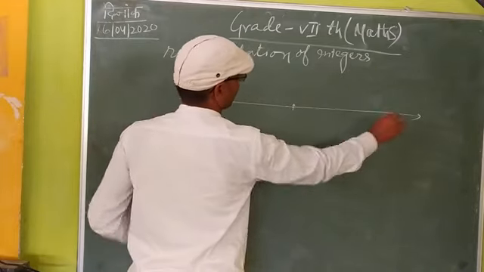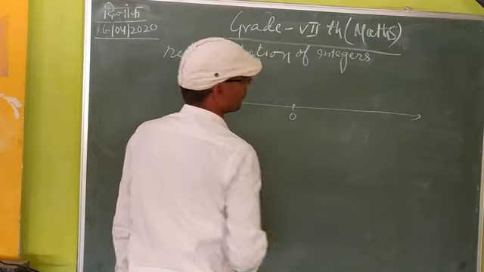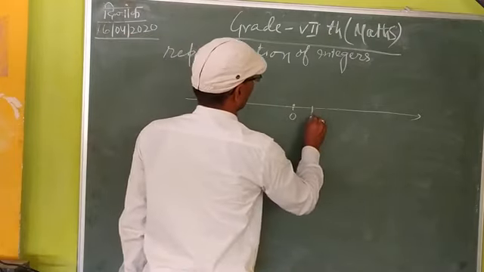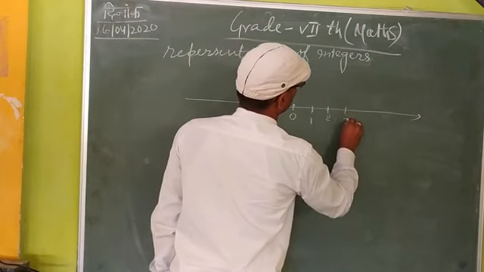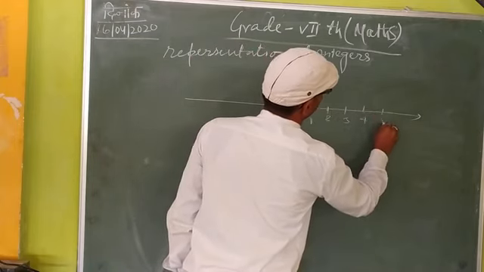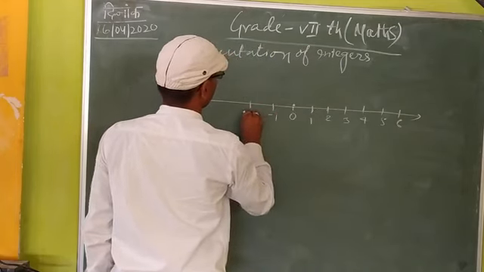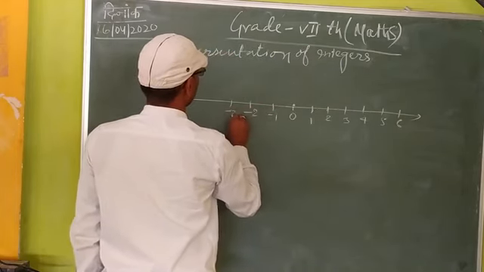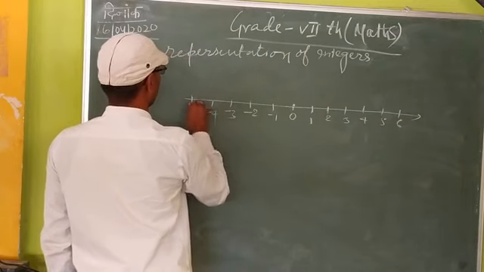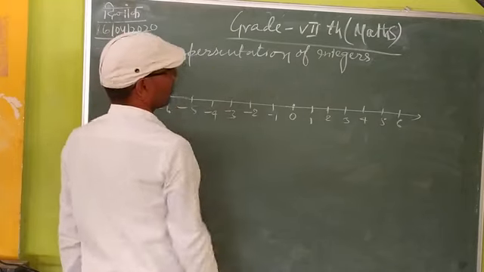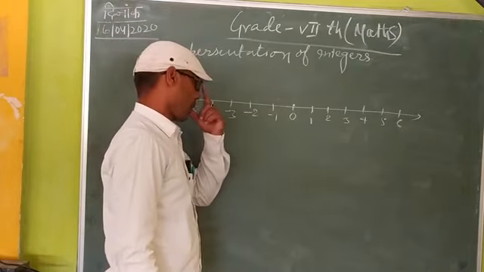Suppose here is a number line. We are taking digits on the number line: 1, 2, 3, 4, 5, 6. This side is also negative. Are you looking? What are you looking at here?